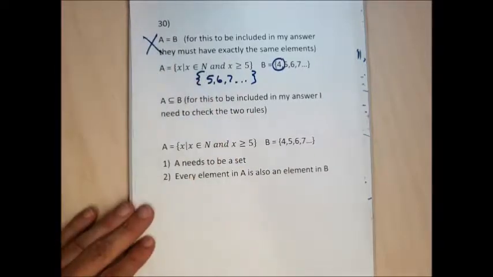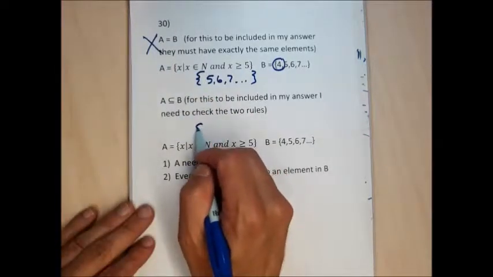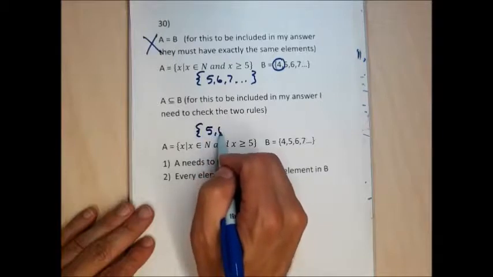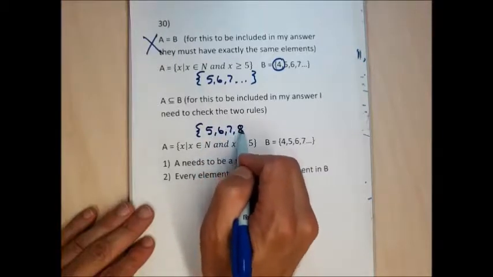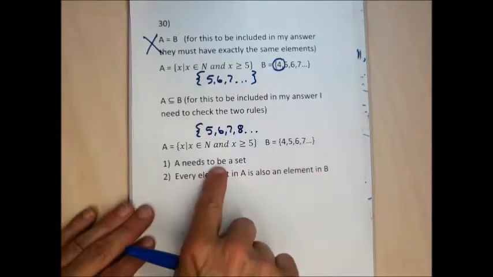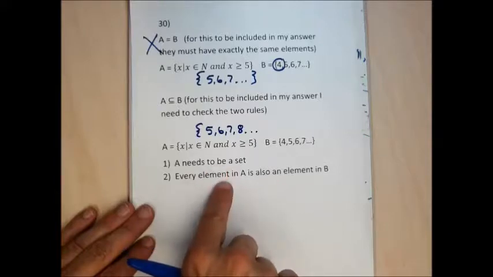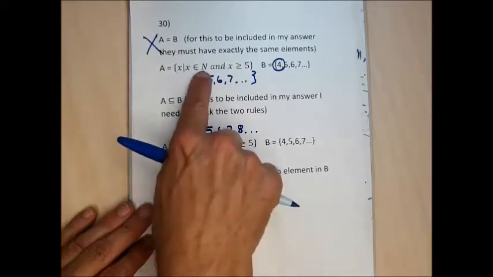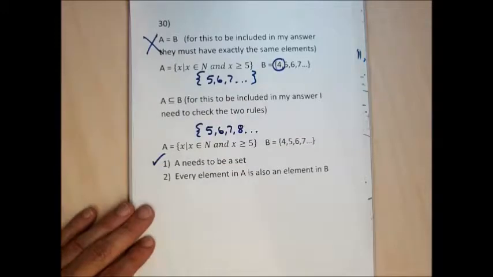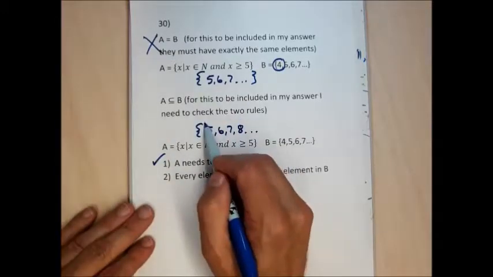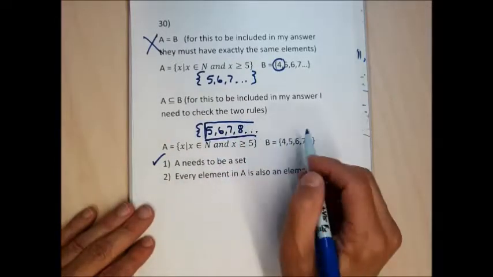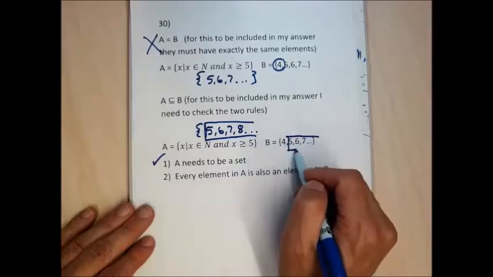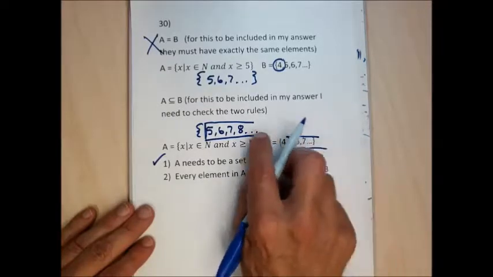The next thing I need to do is see if A is a subset of B, meaning A is a set, and every element in A is also in B. A is a set because it's written in set builder notation. Every element of A, 5, 6, 7, and bigger, are also in B, because that dot dot dot includes that 8.